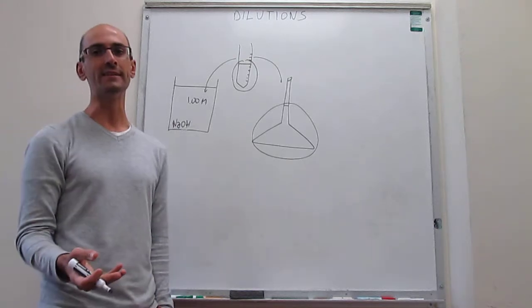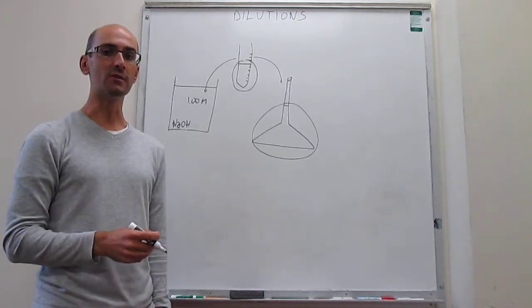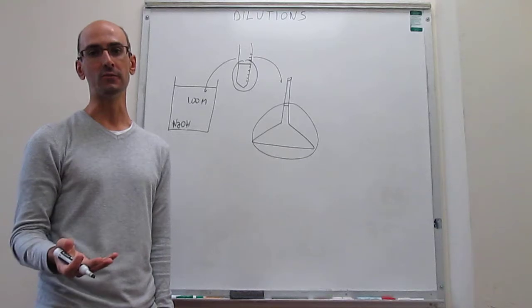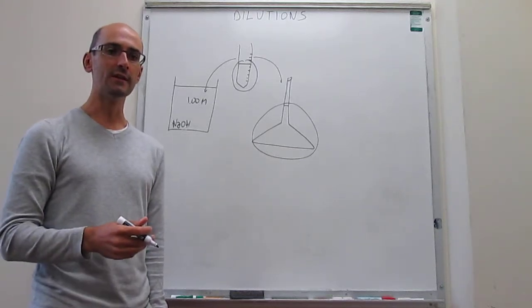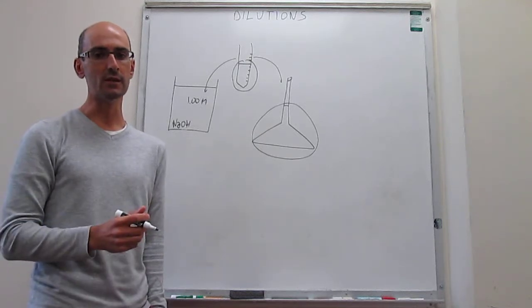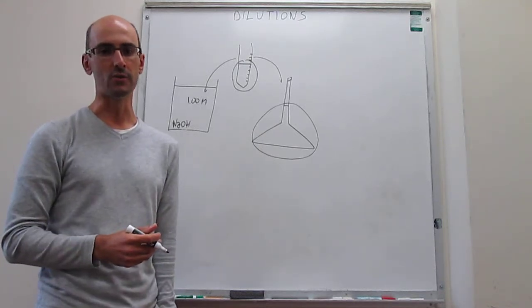You're not adding moles of solute, you are simply changing the volume of the solution. And because the molar concentration depends on the volume of the solution, if you're not changing the number of moles of solute, then the molar concentration has to go down.